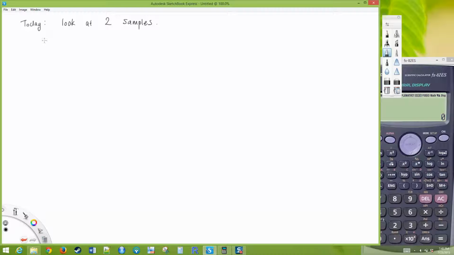And so sample 1 is randomly selected from population 1. Okay, and sample 2 is randomly selected from population 2.